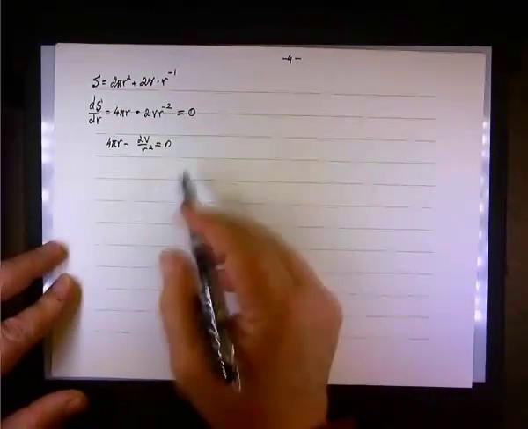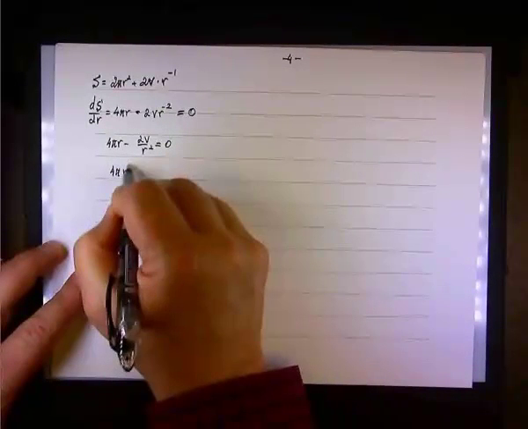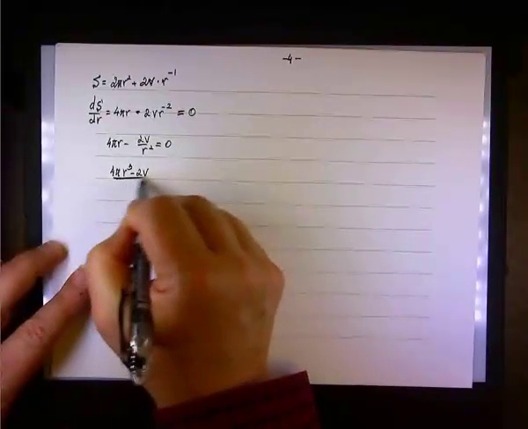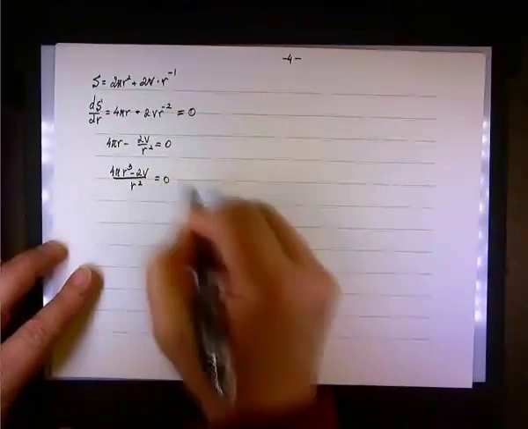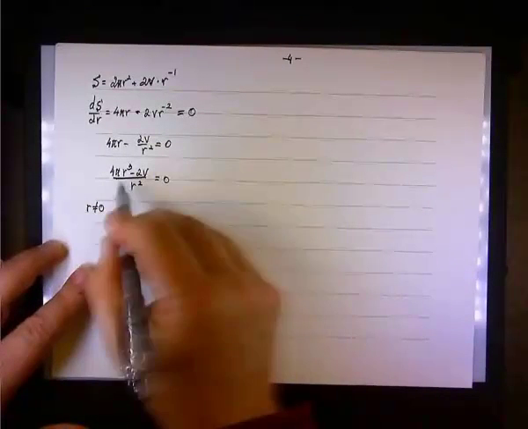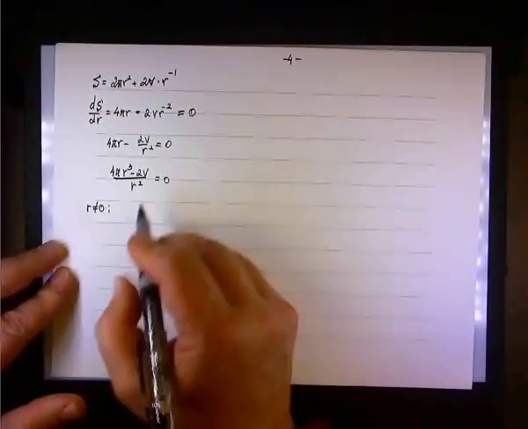Or with a common denominator, we have 4 pi r cubed minus 2V over r squared equals 0.